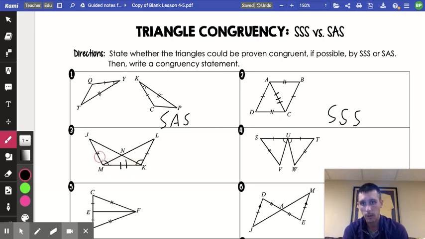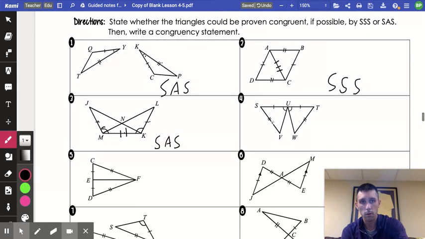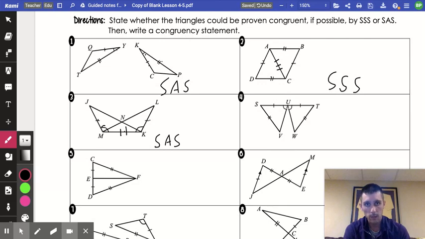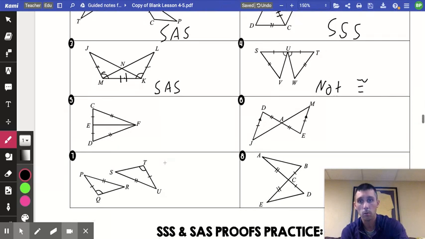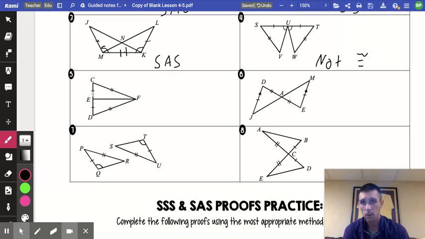MK, so side, big angle, side, side, angle, side. What about number 4? Yes, we have two sides and an angle, but is that angle in between the two lines? No, it is not. So it is actually not congruent. It has to be in between the two lines that we know. Number 5, EF definitely is reflexive. So side, side, side.